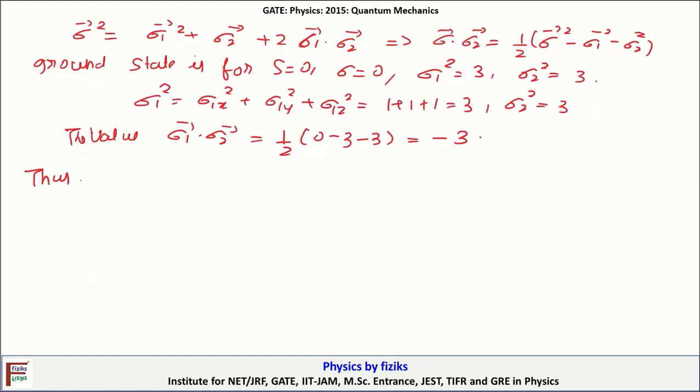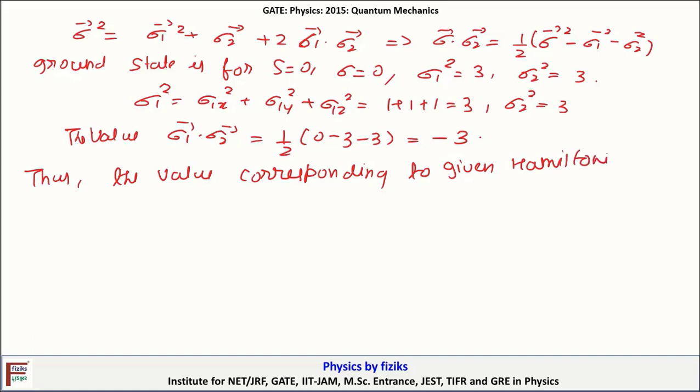Thus, the energy corresponding to the given Hamiltonian is E equals 2 times 3 by 2 h cross omega, where I have used the ground state energy of a particle in 3 dimensions.